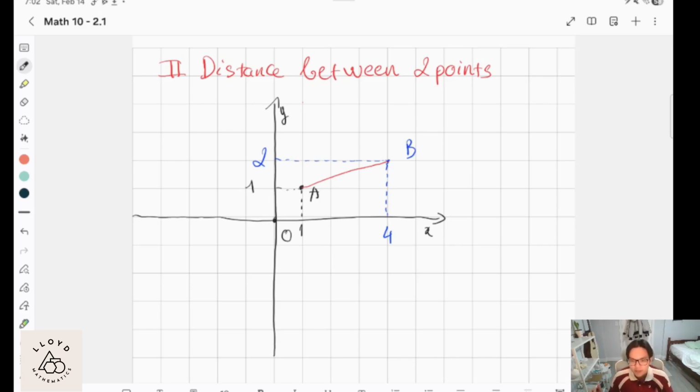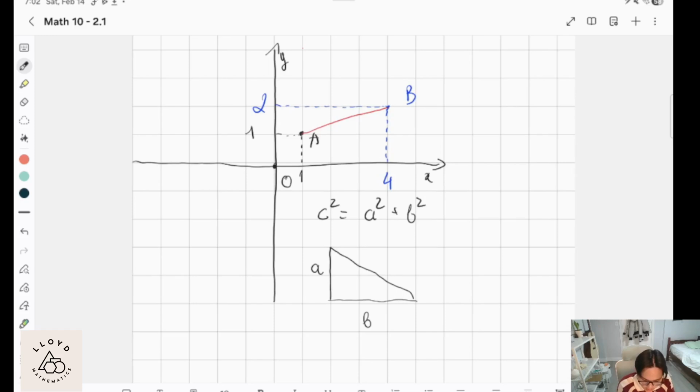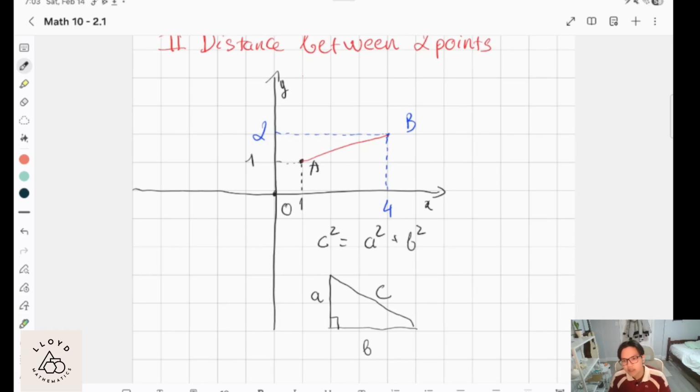As you learned before about the Pythagorean theorem, C squared is equal to A squared plus B squared, where there's a right triangle. This one is A, this one is B, and this one is C. So we can use this formula to prove that we can calculate this by Pythagorean.